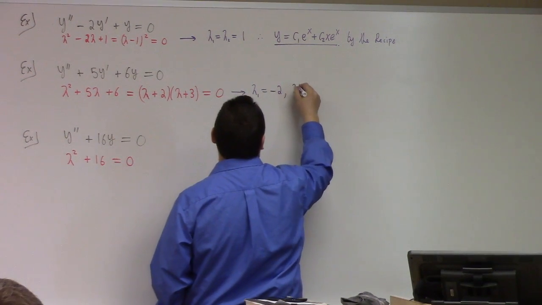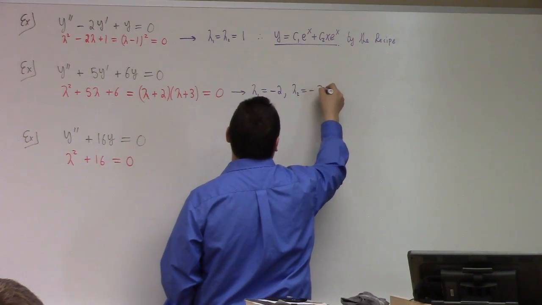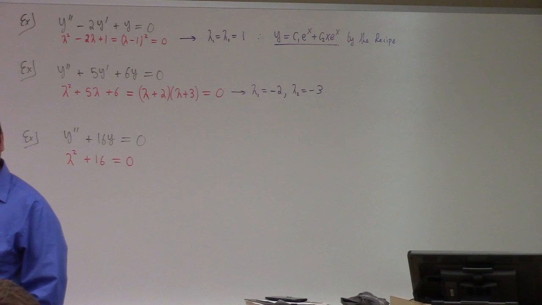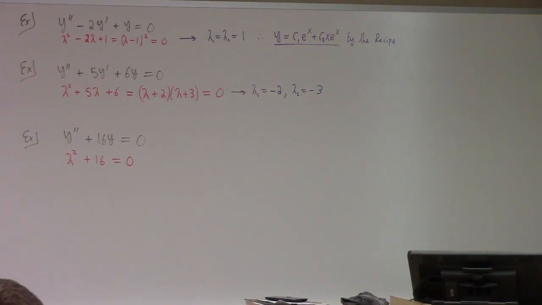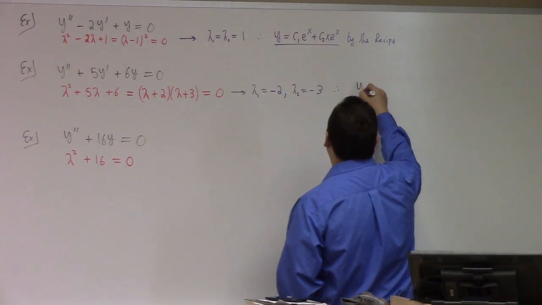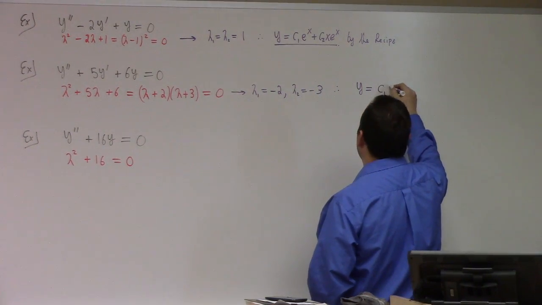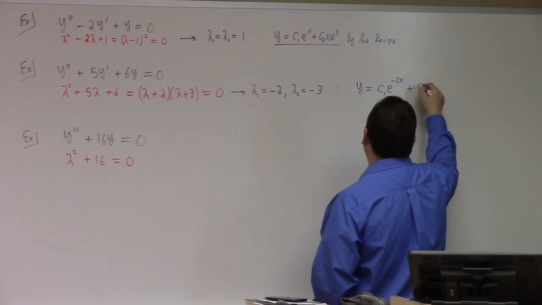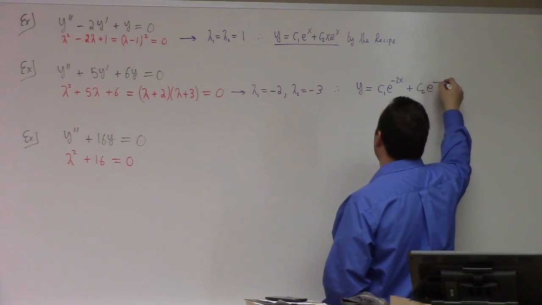Is there another answer you could have given me? You could just as well have said lambda 1 equals minus 3 and lambda 2 equals minus 2. The ordering is not written in stone. That's a matter of your choice. Therefore, by the recipe, we get c1 e to the minus 2x plus c2 e to the minus 3x.